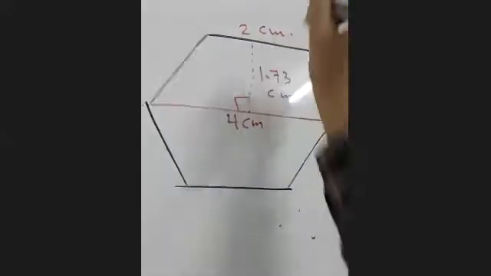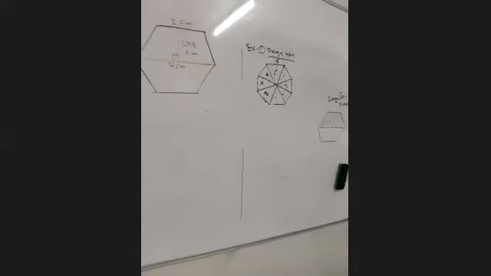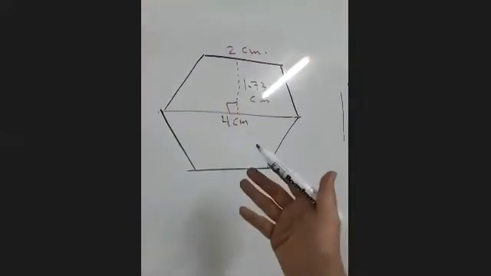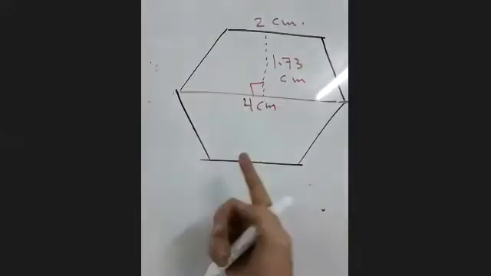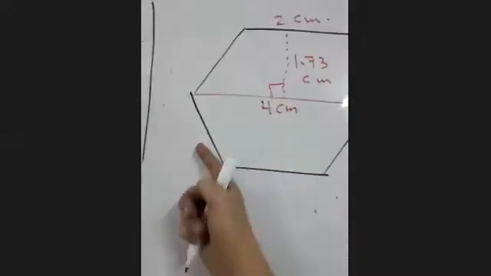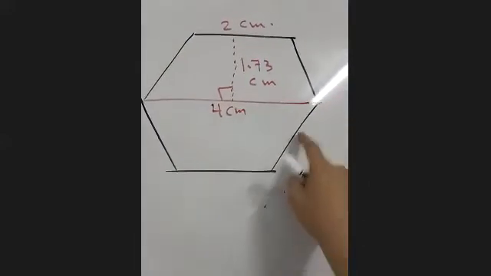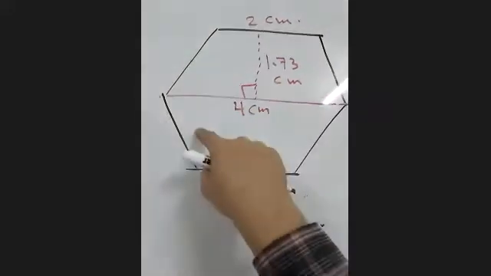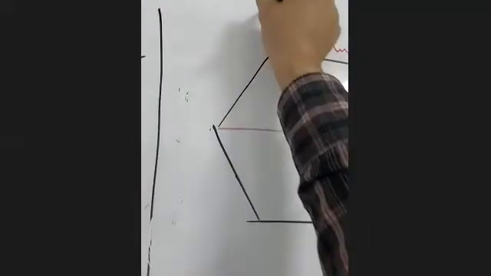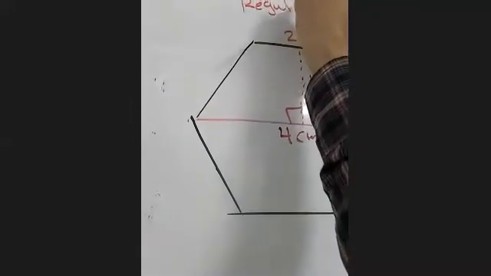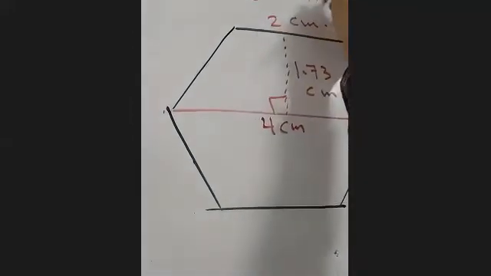Now focus with me, guys. What's this figure in front of us? To know the name of the figure, count its sides. 1, 2, 3, 4, 5, 6. 6 sides. The name of it is what? Hexagon. And it is regular.